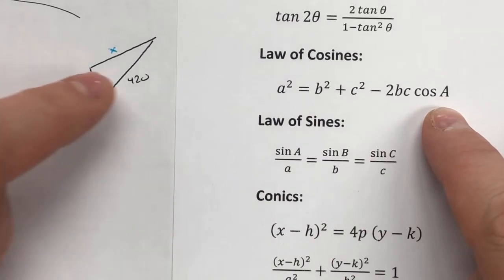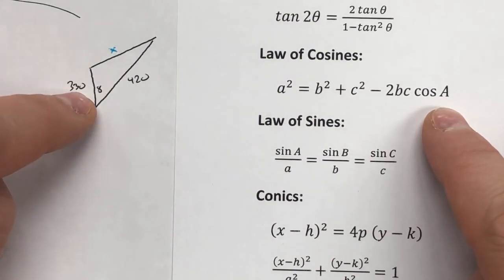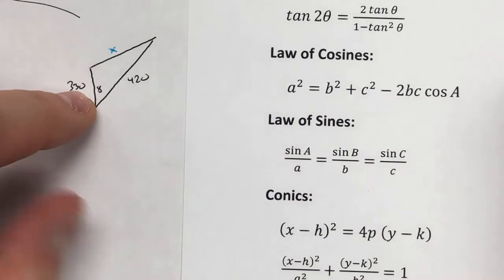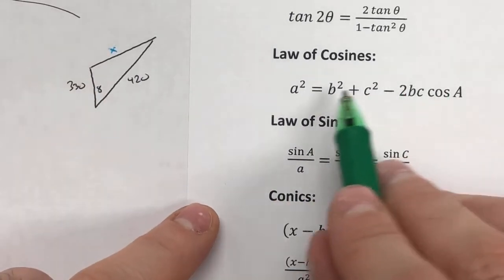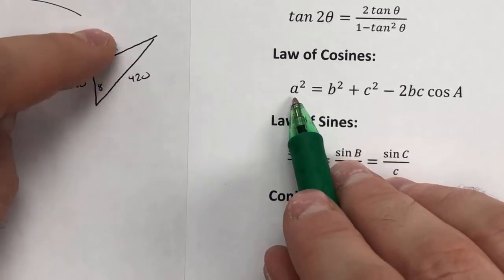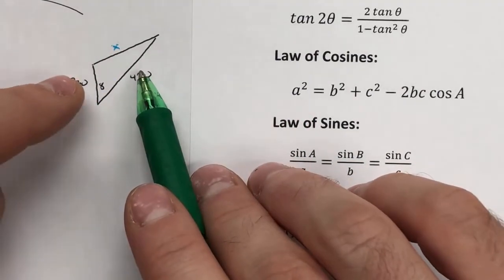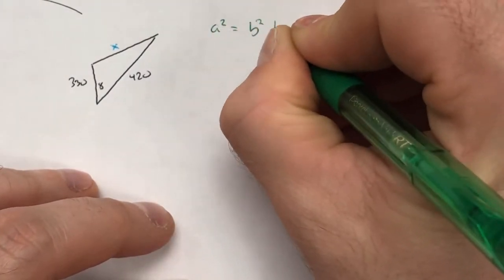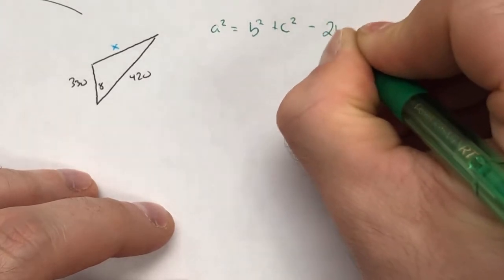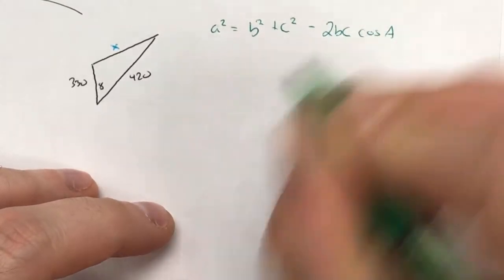So I have side 1, 2, 3, and angle 1. I can use the law of cosines. So if we denote the angle and the length right here as A, this is B and C. Okay. So I know it's going to be A squared equals B squared plus C squared minus 2BC cosine of A.